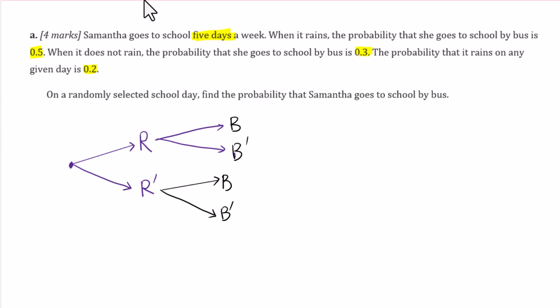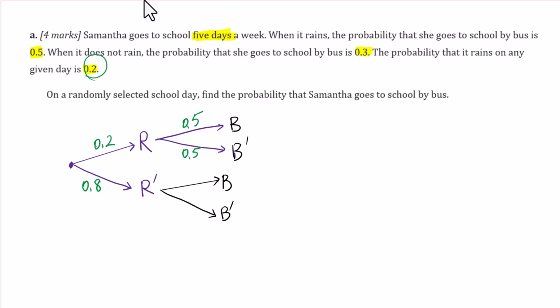The probability that it rains on any given day is 0.2. This is 0.8. On a raining day, the probability that she goes to school by bus is 0.5. This will be 0.5 too.